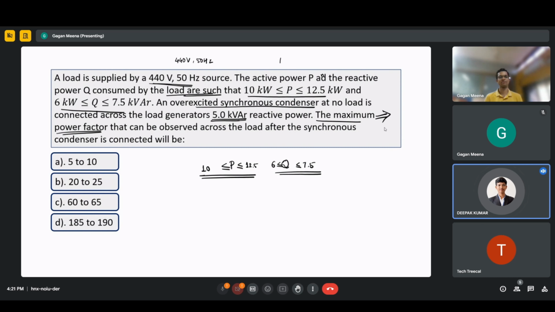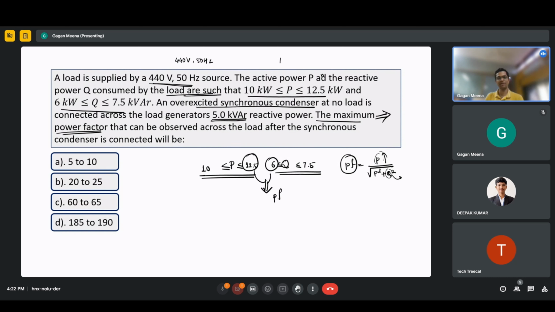Sir, P max, Q min. Yes, correct. The power factor is P divided by S, so we want this to be maximum. This can be maximum if the numerator is maximum and the denominator is minimum. So we need to take this value and this value.